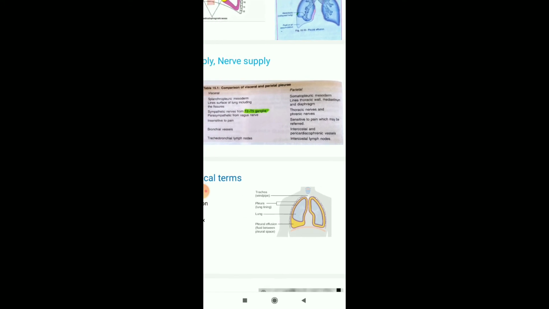For example, if you irritate the central part of the diaphragmatic pleura and mainly the mediastinal pleura, the pain radiates to the shoulder, because it is supplied by phrenic nerves. Similarly, if you irritate the costal part of the parietal pleura and the outer diaphragmatic pleura, the pain radiates to the abdomen and the thoracic wall because it is supplied by thoracic nerves.